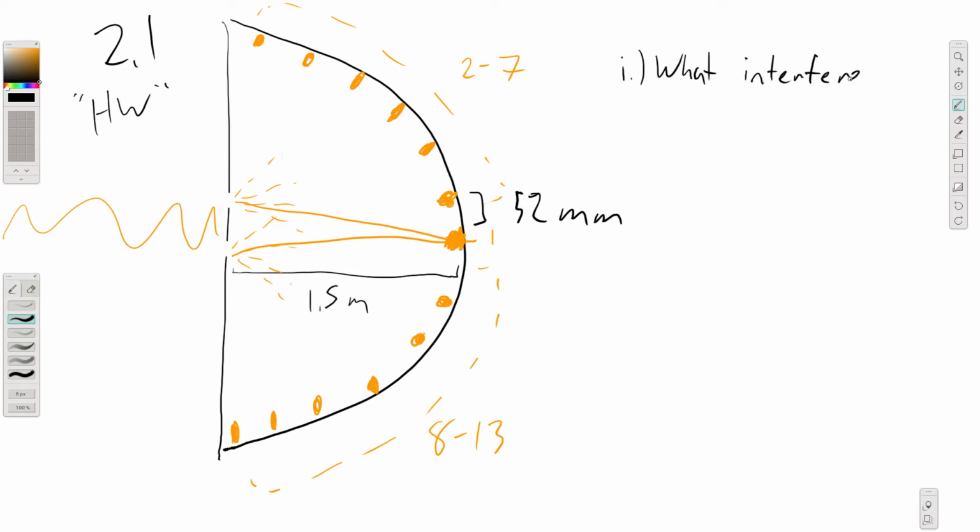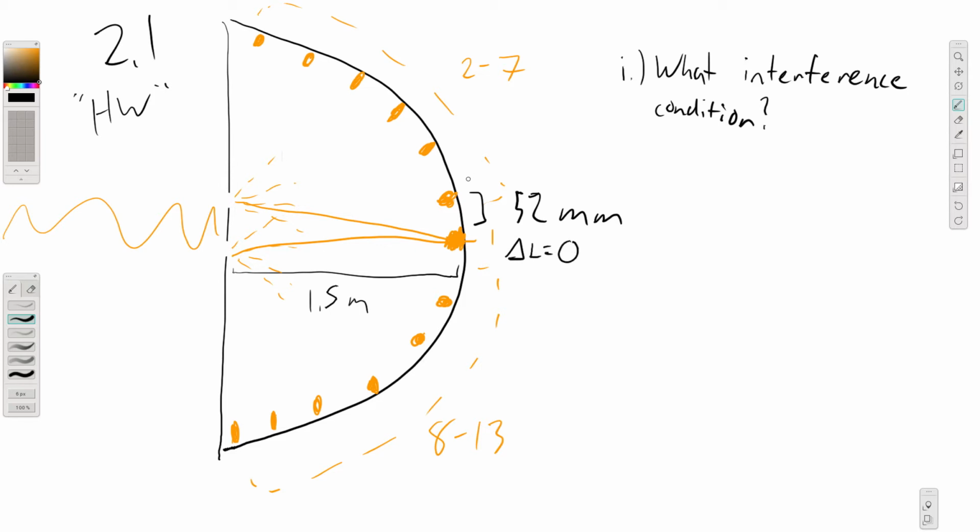The first thing we need to pin down is what is the interference condition that we're interested in. When I say condition, I mean our constraint on our path length based on constructive or destructive interference. For our first fringe, the path length difference is 0.